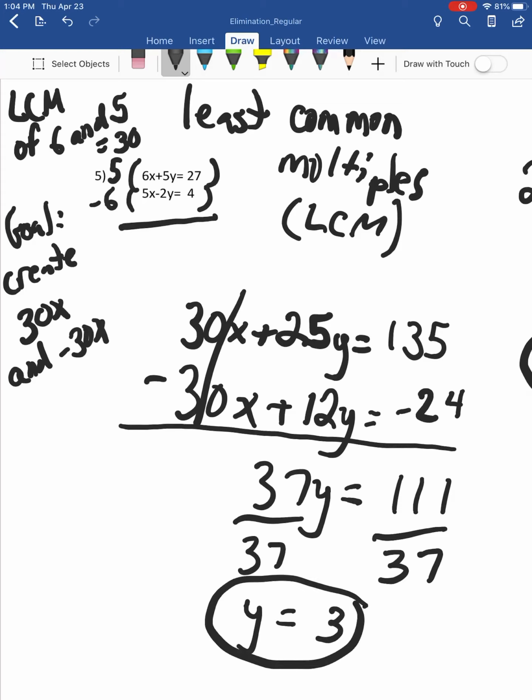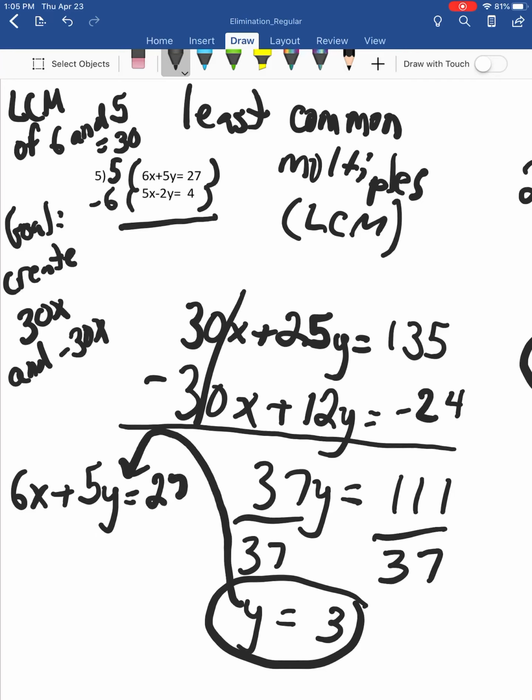All right. Now, we have y, we want x, so we're going to go into one of the original equations. I'm going to use 6x plus 5y equals 27, and I'm going to replace y with 3.